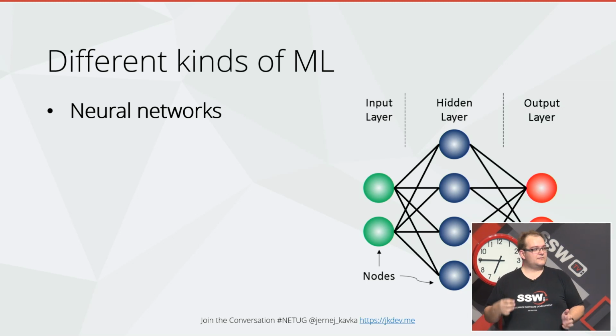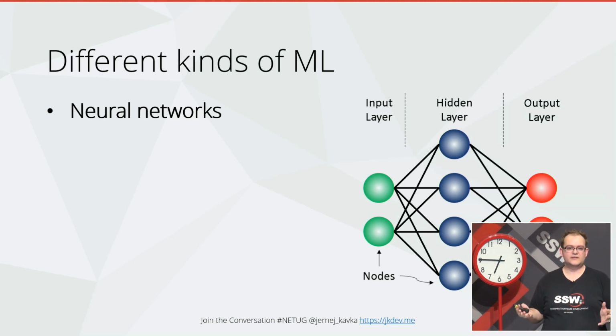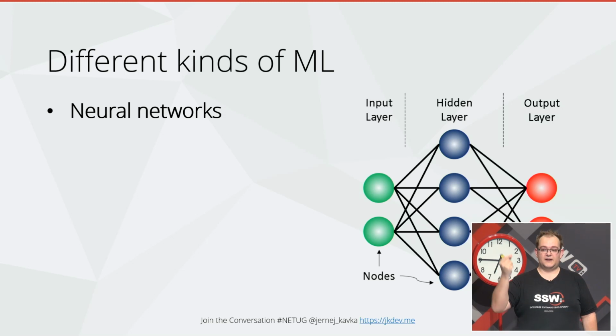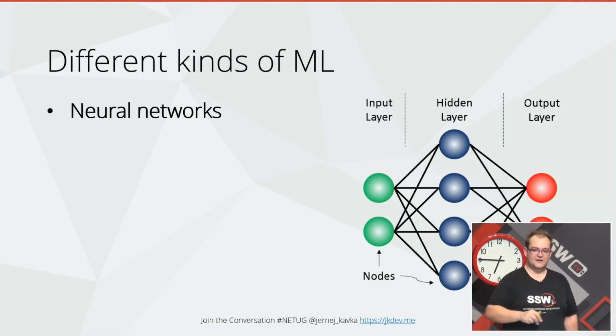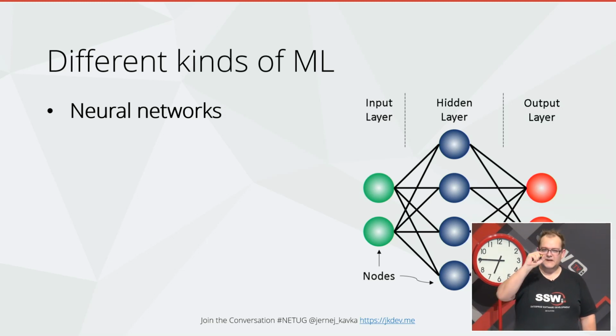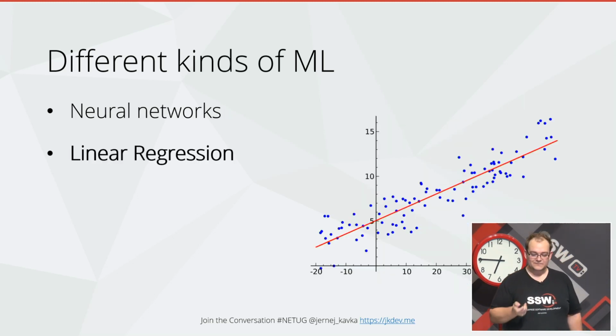And what kinds of machine learning are there? Because a lot of people, when they think about machine learning, think, yeah, it's definitely neural networks, right? For those who don't know, neural networks are how we try to mimic the human brain on hardware, but on a very, very tiny scale.